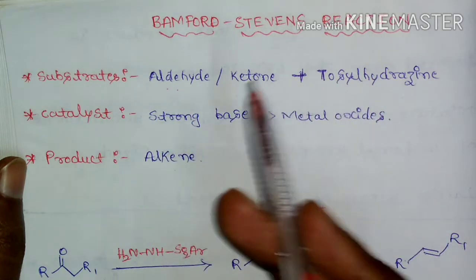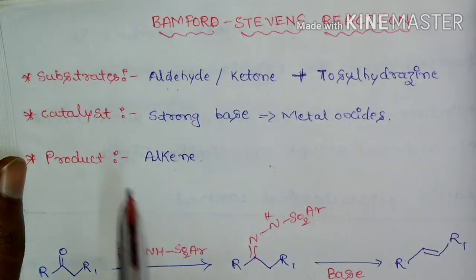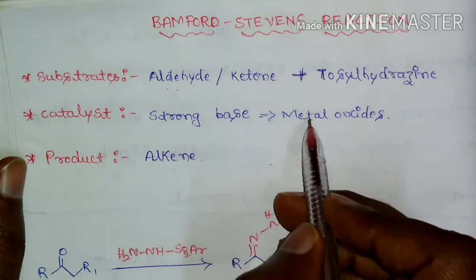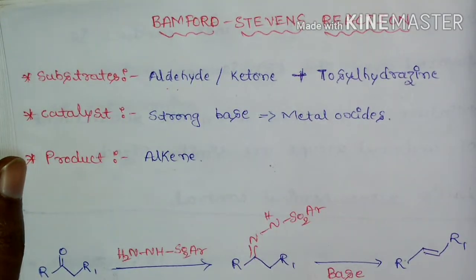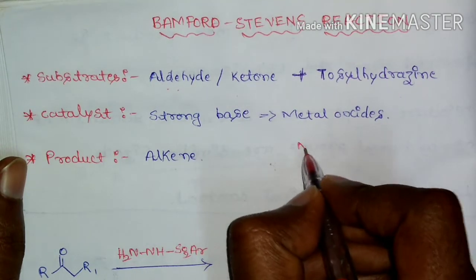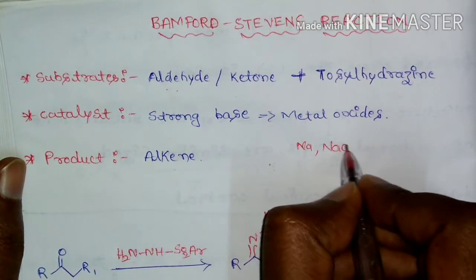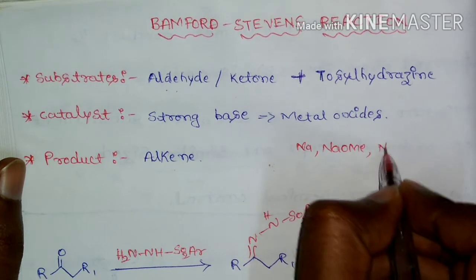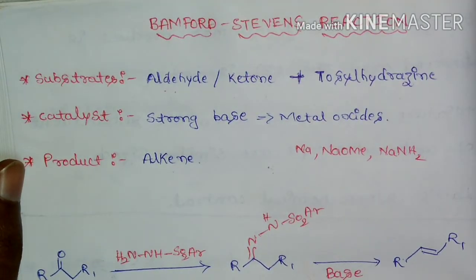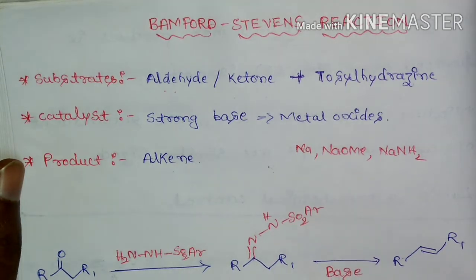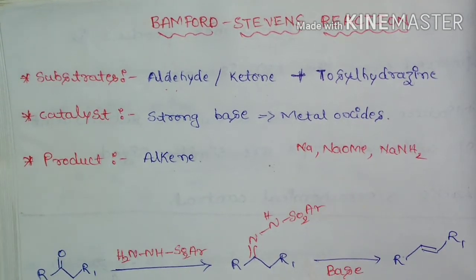If this tosyl hydrazone is treated with a strong base like metal alkoxides, the usual ones used in the Bamford-Stevens reaction are sodium methoxide and sodium amide. These are the strong bases used, and the product you are going to get is alkene.